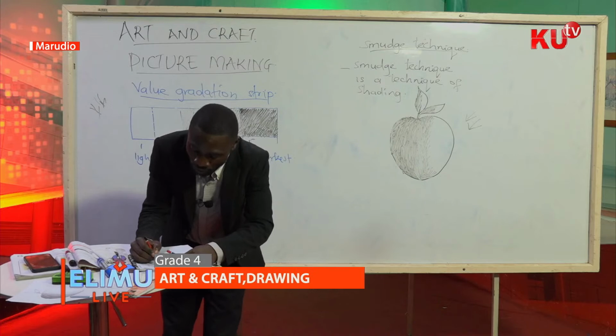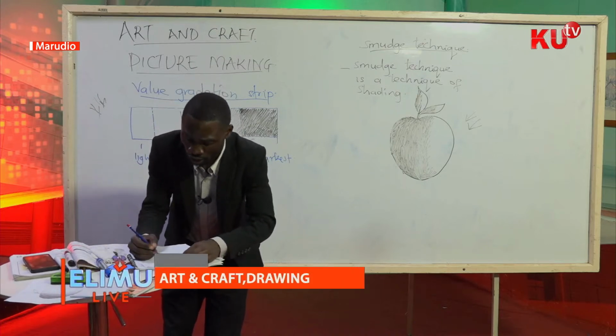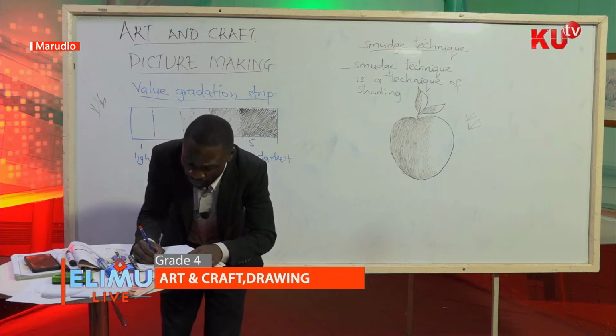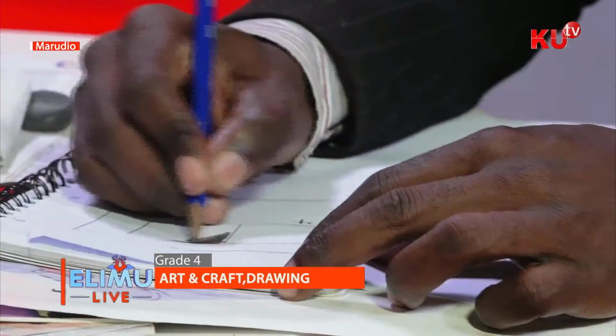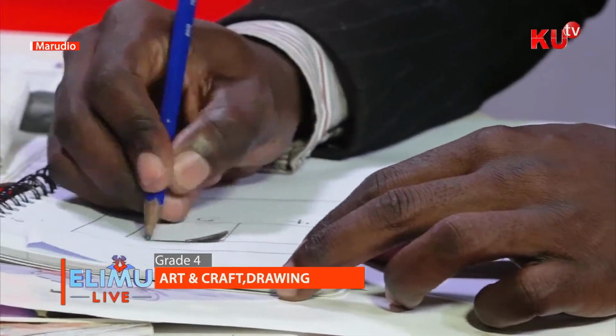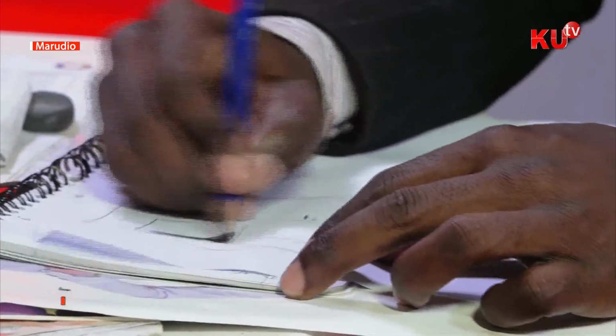So hold your pencil and press it so that it appears very dark. Start from the edges.